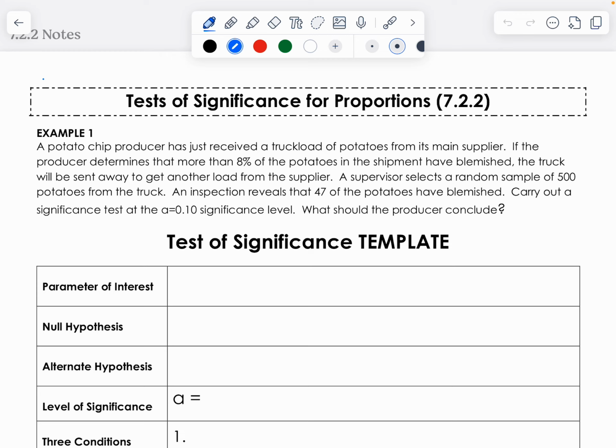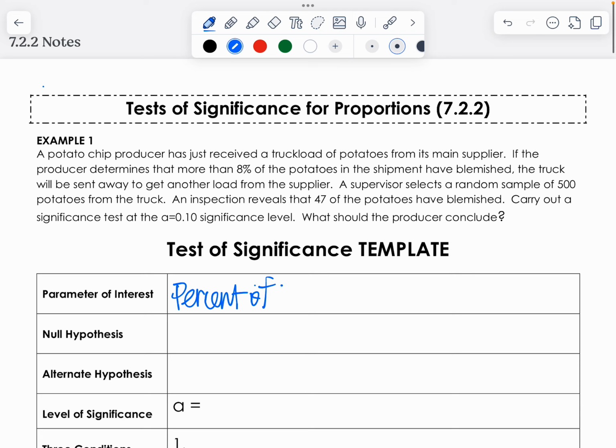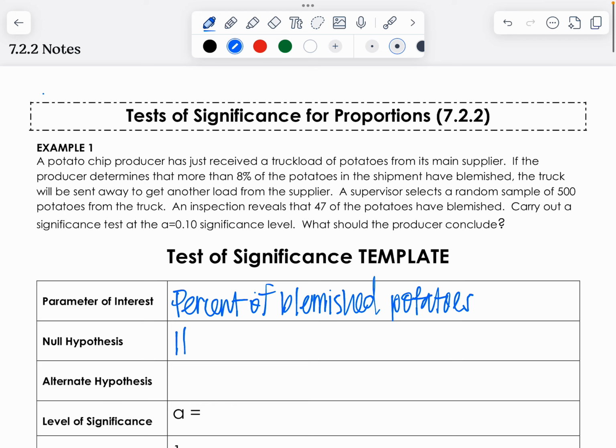So in this case, we are looking for the percent of blemished potatoes. Our null hypothesis, H0, will say that P is equal to 0.08.